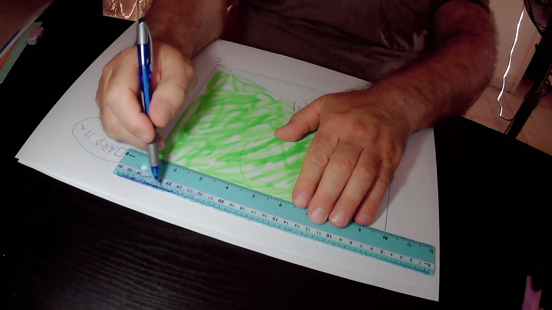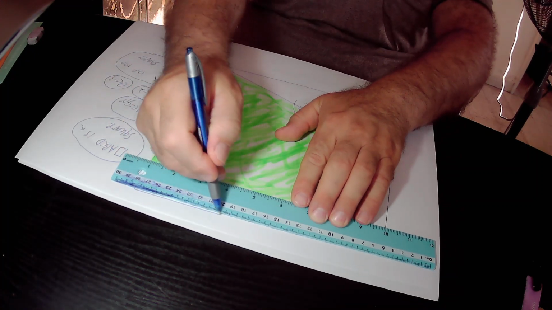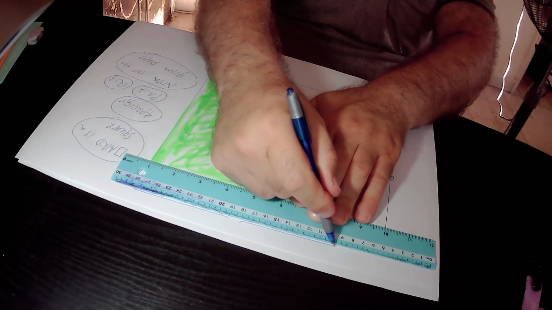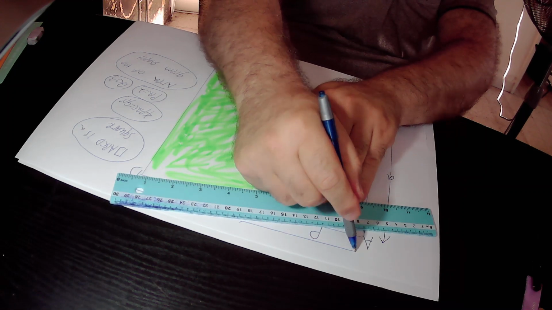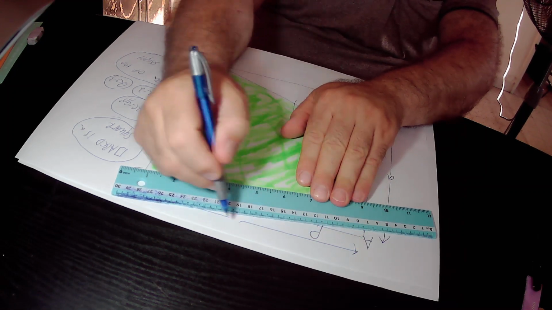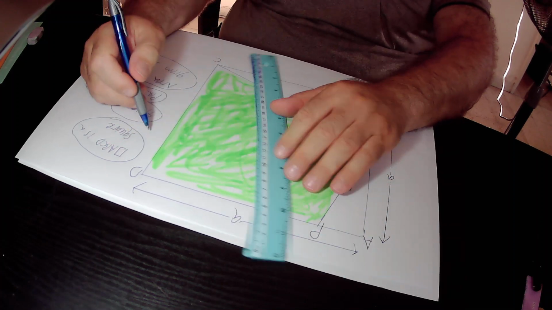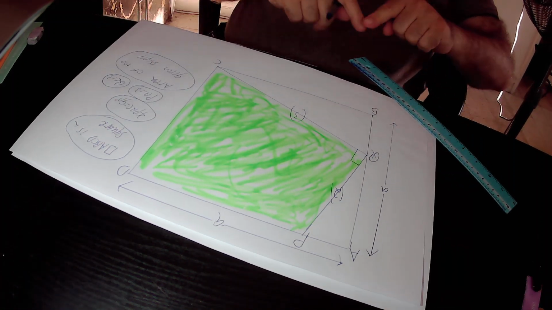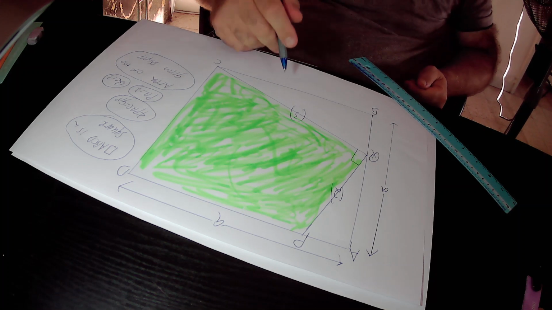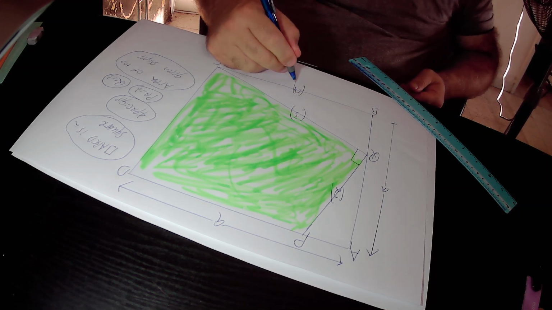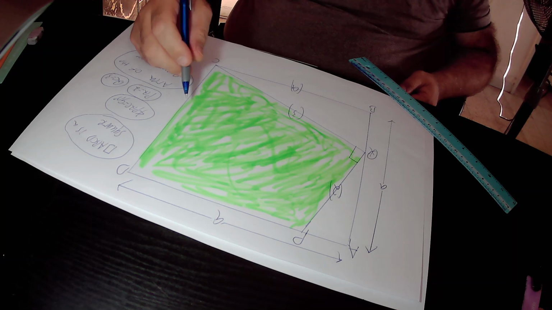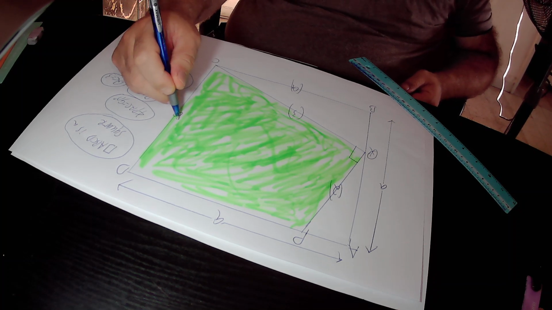This is side AD, that also equals A units in length. This is side BC, that also equals A units. And this is side DC, that equals A units.